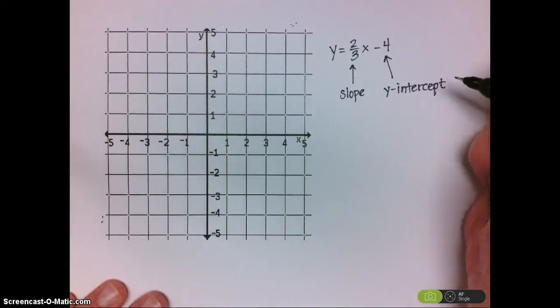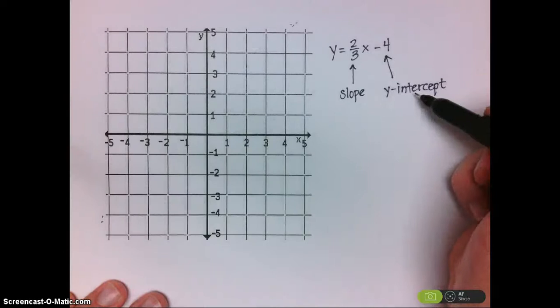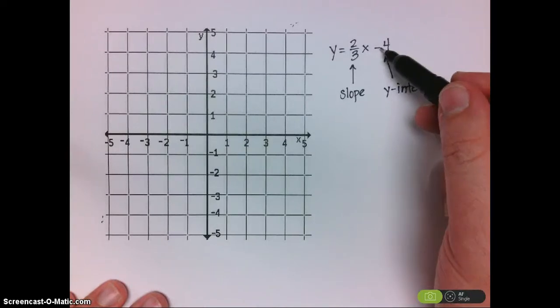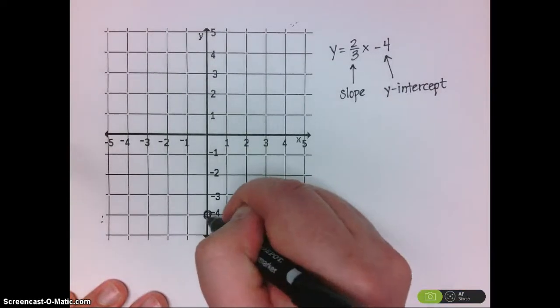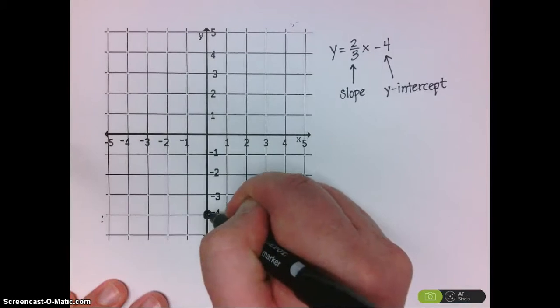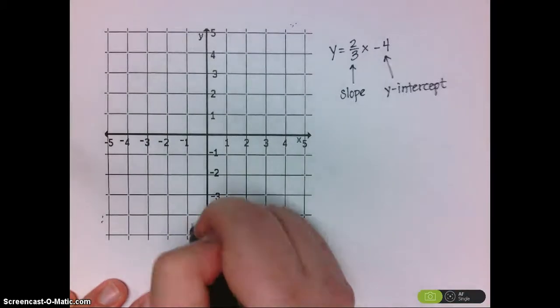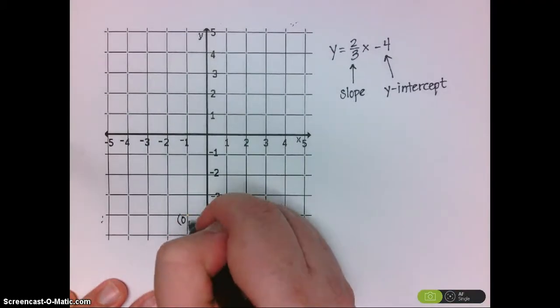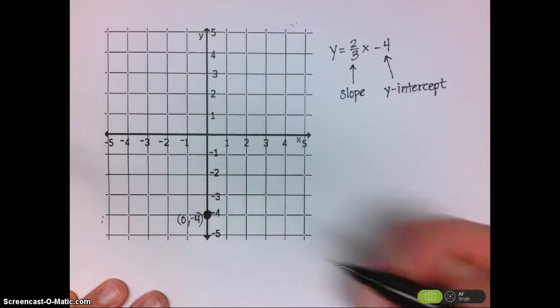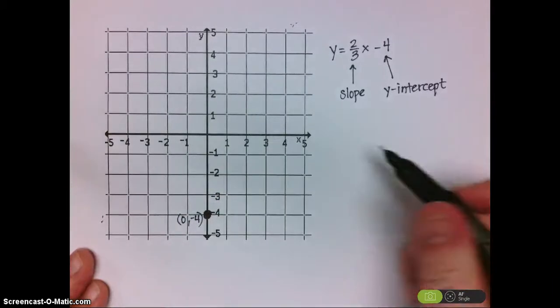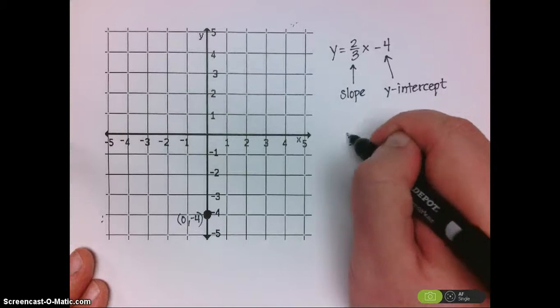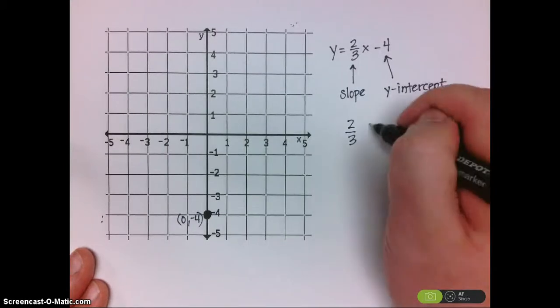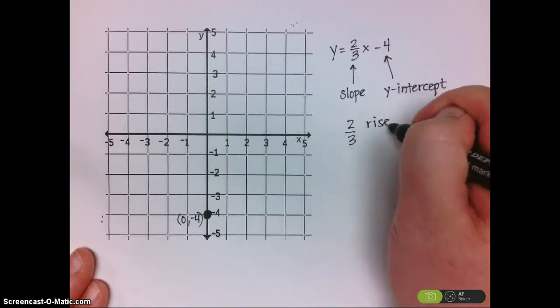So I'm going to start off with my y-intercept. It's crossing the y-axis at negative 4, which is down here. So I'm going to put my dot down below, okay, and I'm going to label it. That's at 0, negative 4. Okay, and from here I'm going to take my slope, and if you remember, the slope is rise over run.